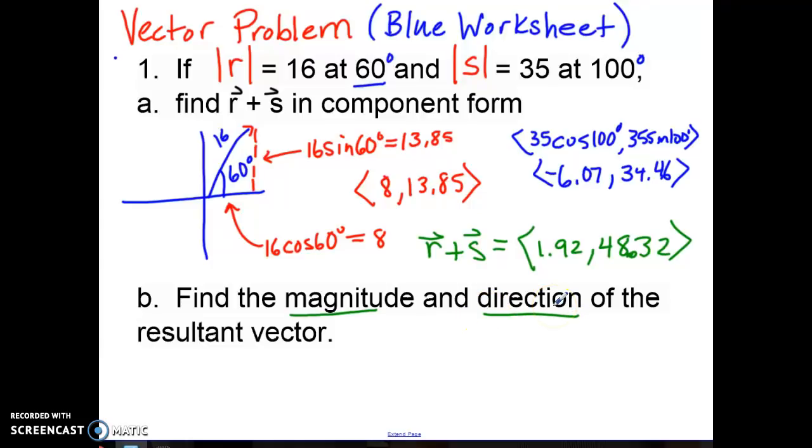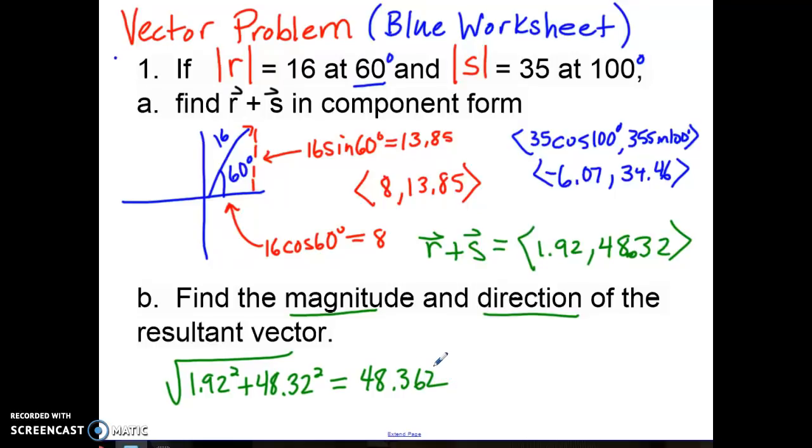So the magnitude is just going to be the square root of 1.92 squared plus 48.32 squared. And if you take the square root of those two added together, you get 48.362.